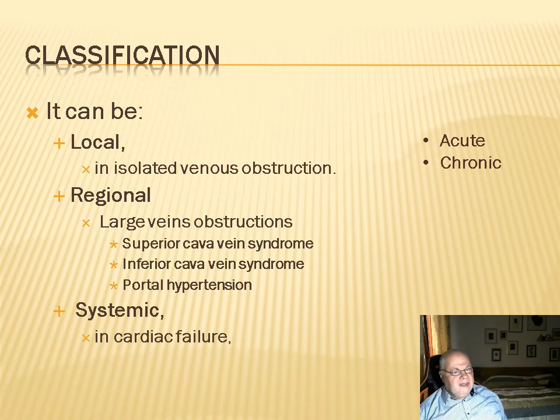All these local, regional, or systemic stasis can start rapidly and have a short duration. And for such situations, they are called acute stasis. Or they can start slowly but last for a long period of time, when it's called chronic stasis.